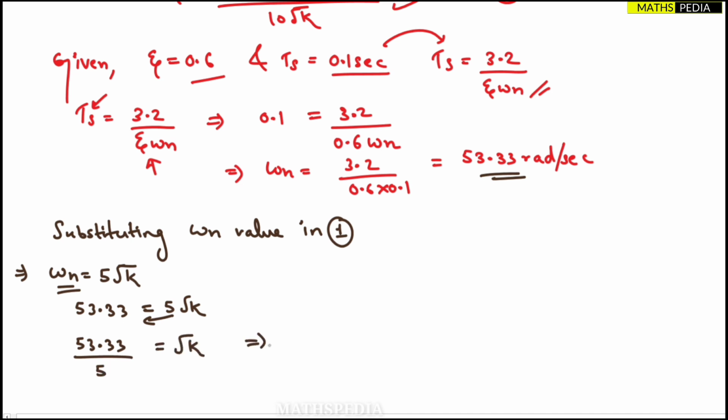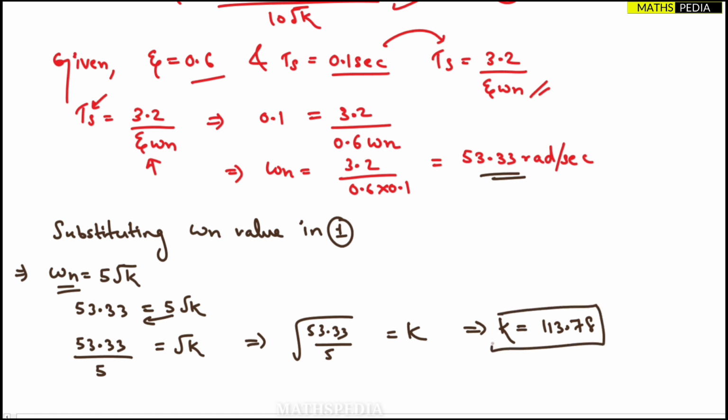So from this, can I get the value of k? You have to just take square root there. Square root of 33.3 by 5 is equal to k. When you substitute in the calculator, you will be getting k value as how much? 113.78. Okay, so this is the answer for k.